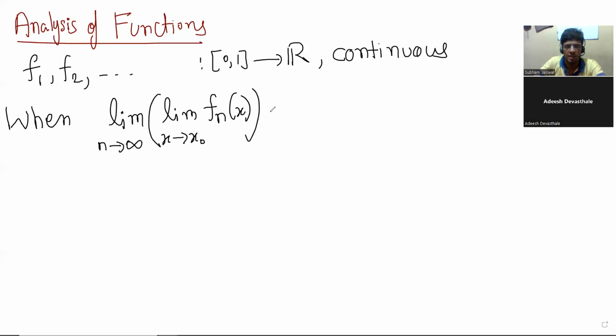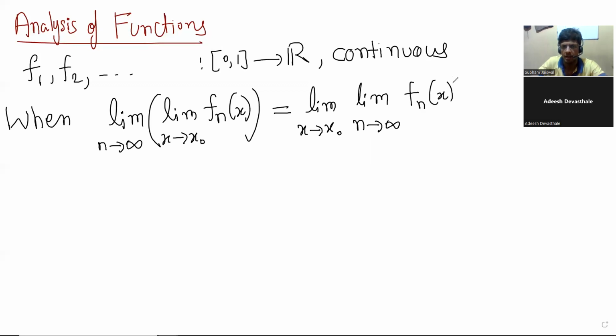So for each function, we take the limit, and then these become numbers, and then we take the limit of that sequence of numbers. When is this equal to taking the limit as x tends to x naught of the limit as n tends to infinity of f_n(x)?